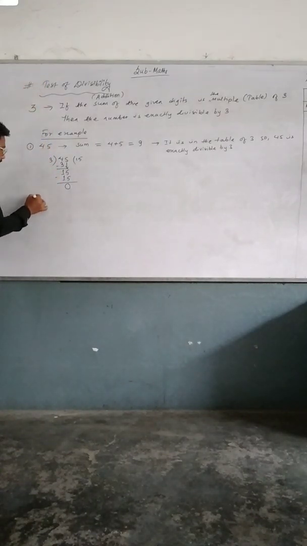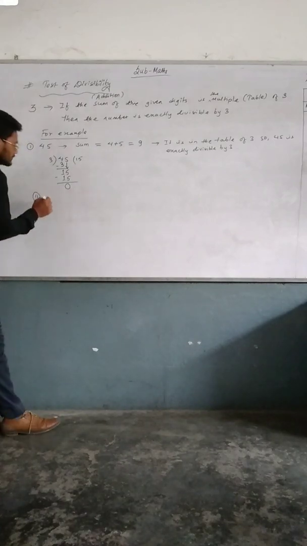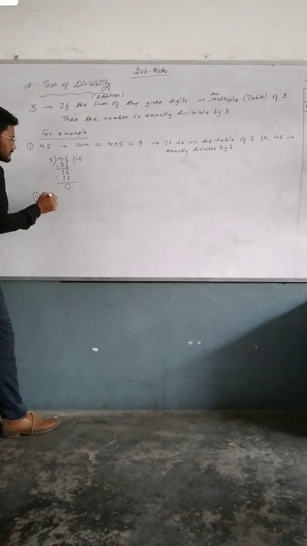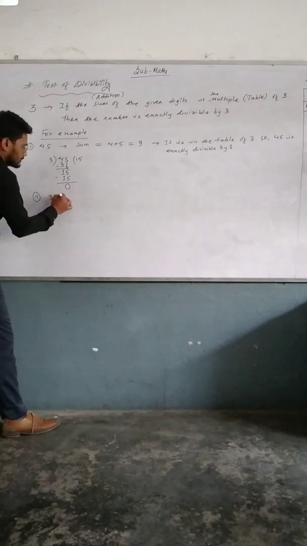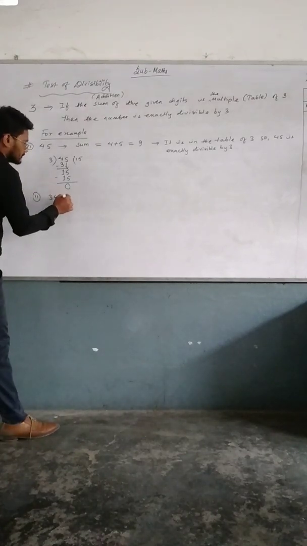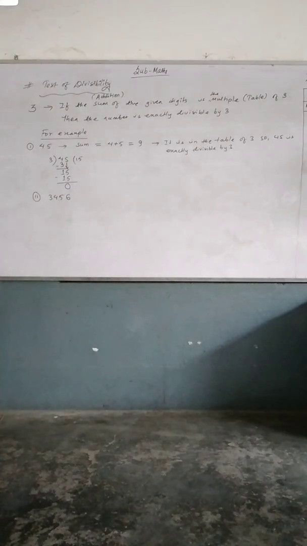Let us check the next number also, a bigger number. Suppose this is the number, bigger number. Now look here. Immediately, if I ask you, you cannot say whether this is exactly divisible by 3 or not, isn't it?